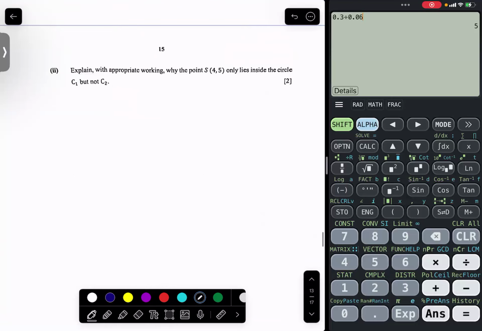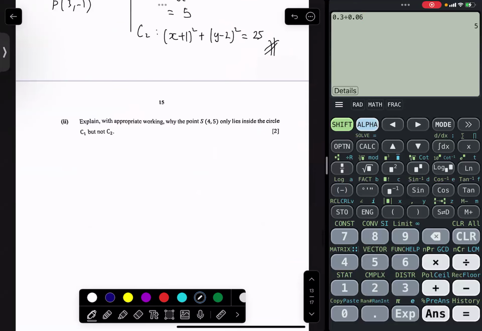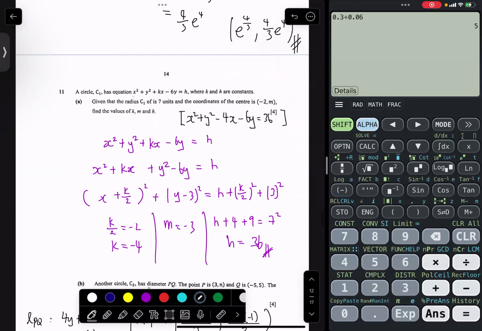Okay, explain with appropriate working why the point S (5, 4) only lies inside the circle C1 but not C2. Okay, so the point S, C1 is what again? Let's see.